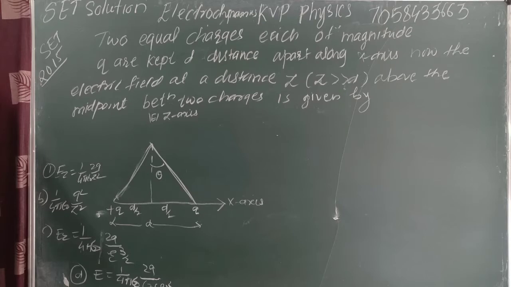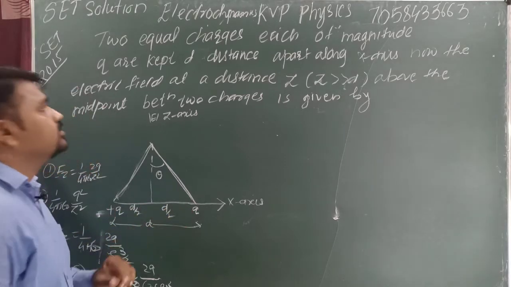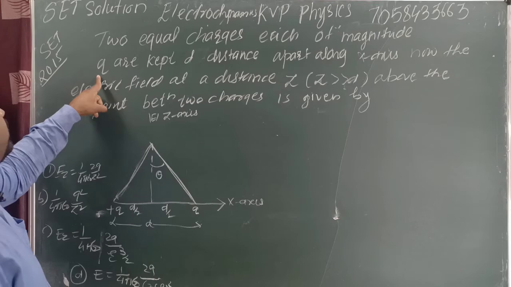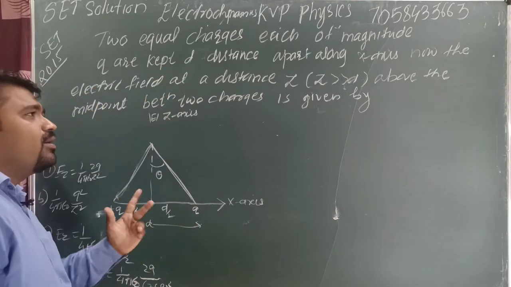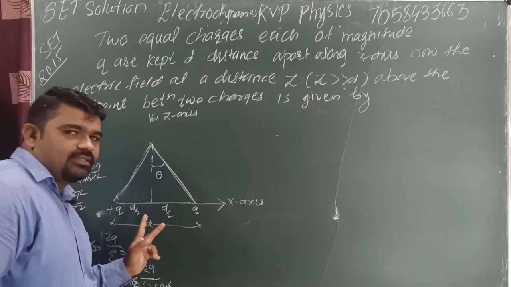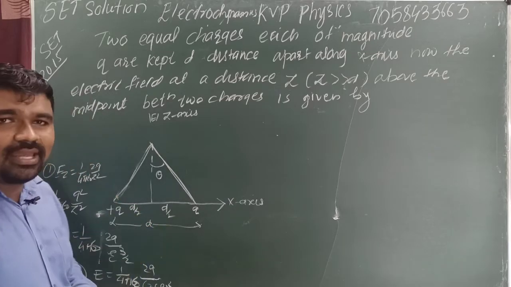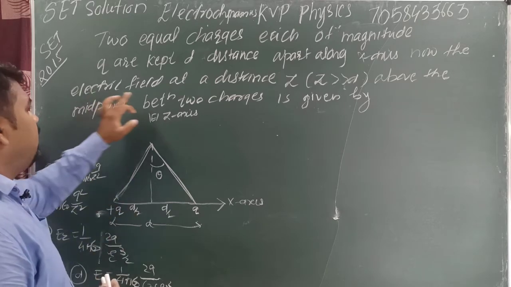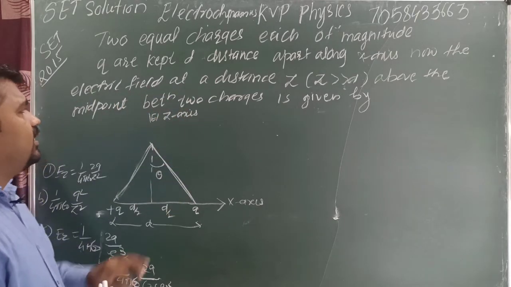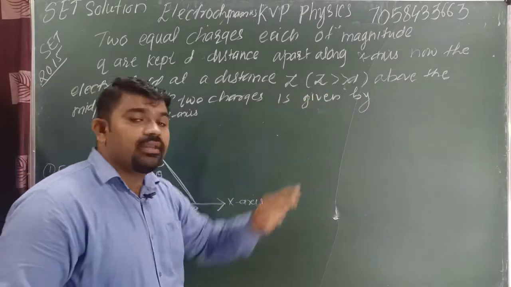Next question. Again, set 2015. Two equal charges of magnitude Q are kept at a distance d apart along the x-axis. मतलब ये दोनों के बीच का distance कितना है? D है. Okay. Along the x-axis. Now the electric field at a distance z, where z is very much greater than d.